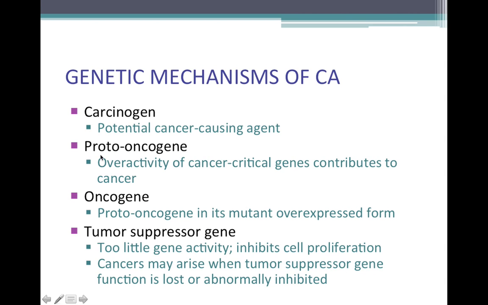So, for instance, a proto-oncogene could be a gene that normally encodes for a growth factor. However, if this gene is abnormally active, like if it's overactive, and you're making a lot of growth factors, that cell can start to divide rapidly, and this can contribute to cancer. Now, oncogenes are the genes that we talk about as really the ones that cause cancer.